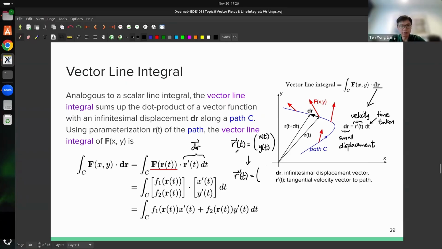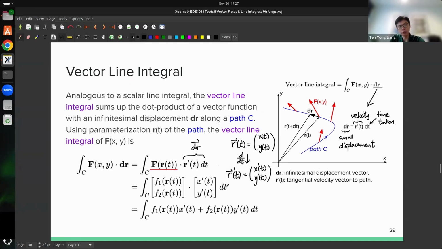So differentiate x with respect to t, then differentiate y with respect to t. Indeed, your r prime vector is actually your velocity vector. This is just d/dt, basically straightforward stuff. So you can see that your r prime is x prime of t, y prime of t.